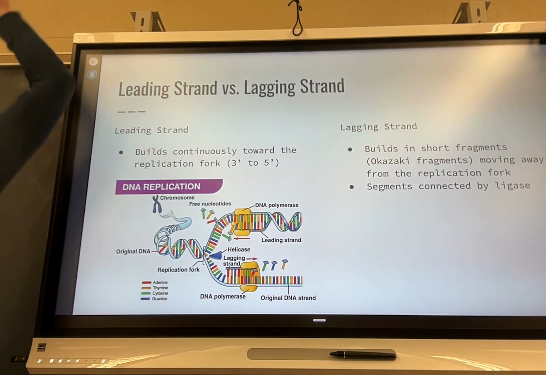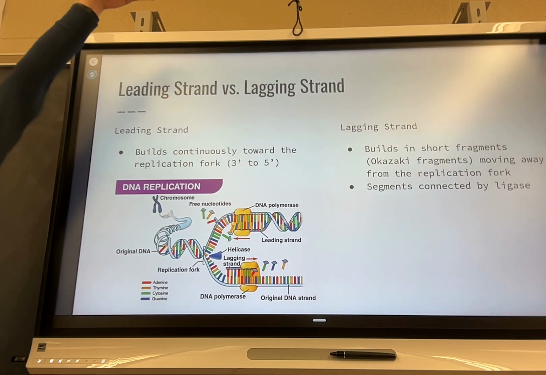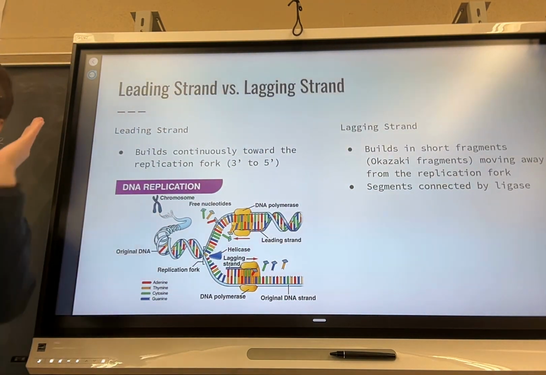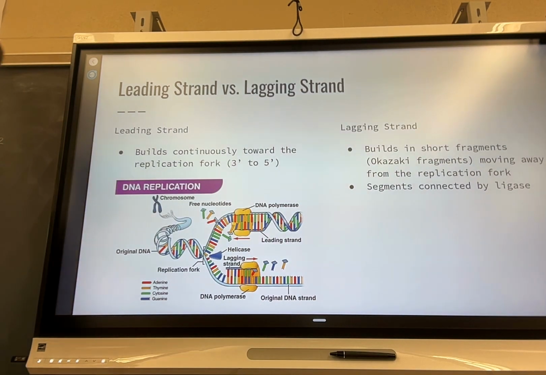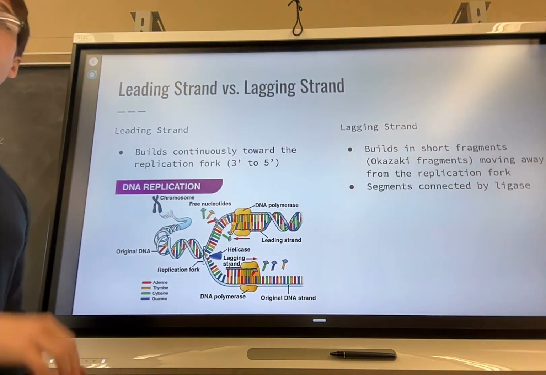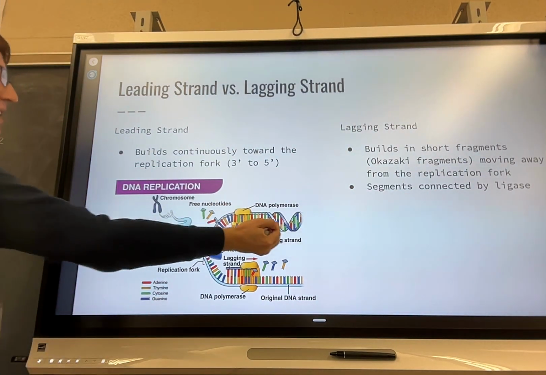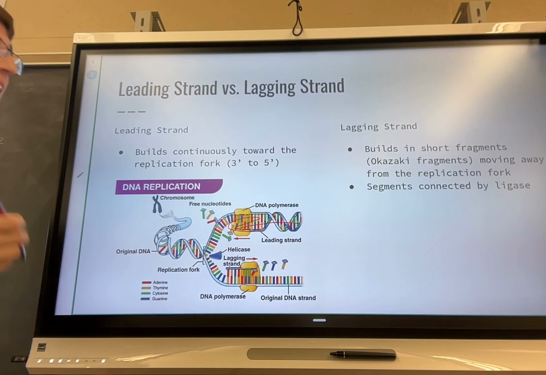One side is going to have a 3' carbon, one is going to have a 5' carbon, and they run anti-parallel is what it's called. So a normal leading strand runs exactly like that. It runs continuously, it doesn't have to stop.